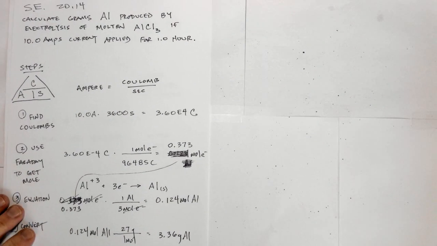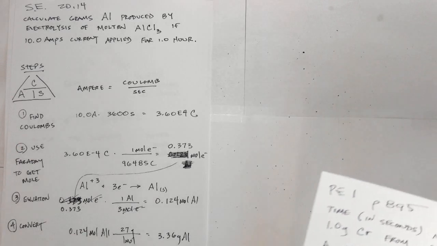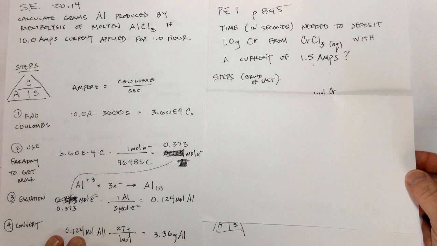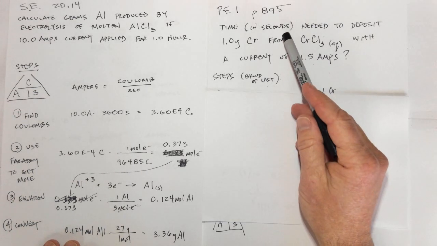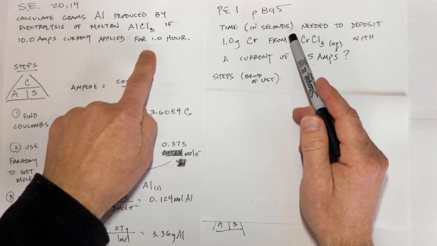Let's do a second example problem, and this time we're going to do these steps backwards, because in this particular problem, we're going to ask the question, how much time is needed? In the first one, we were told an amount of time.